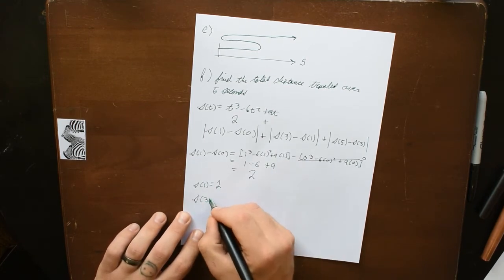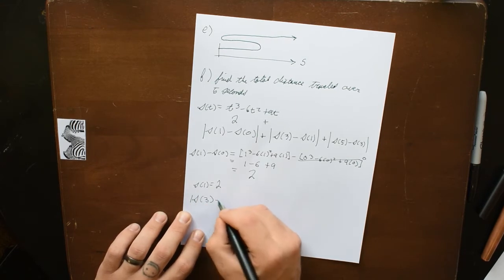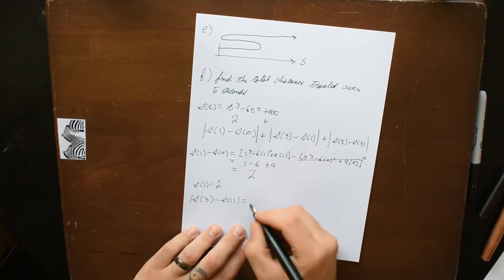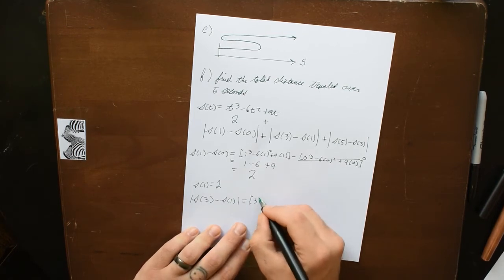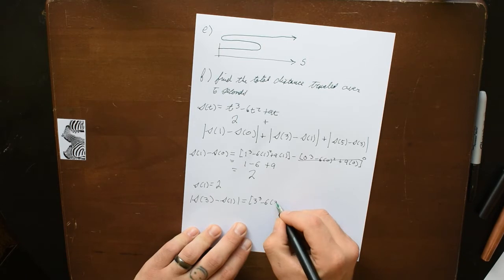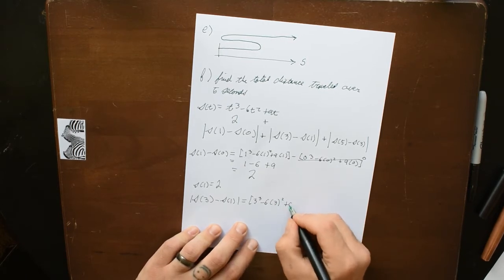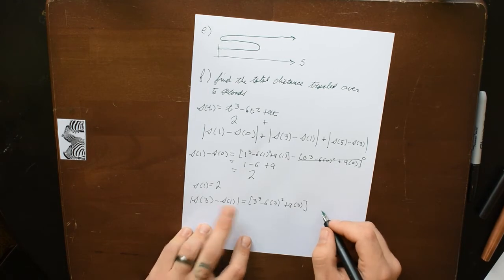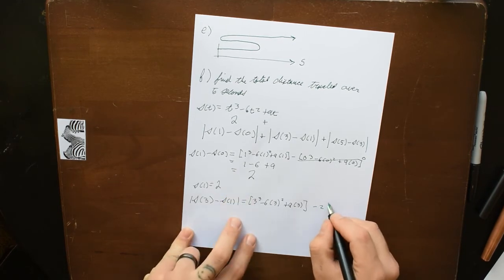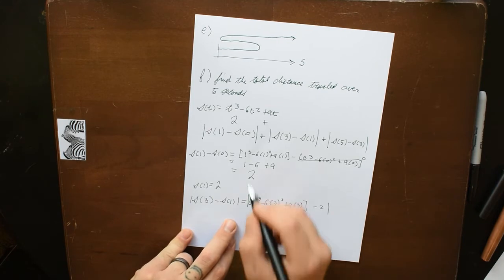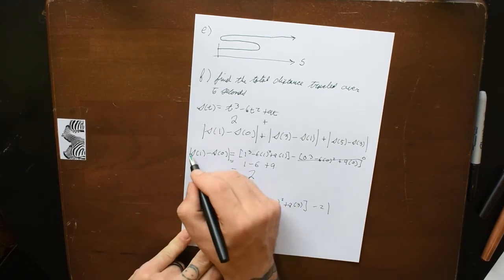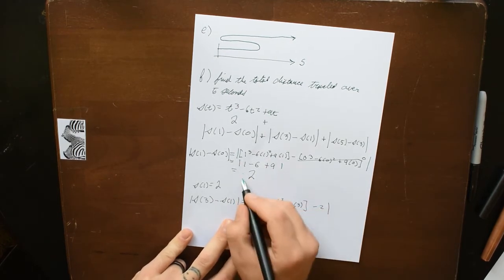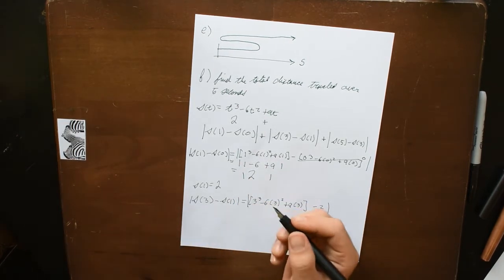Absolute value of s of 3 minus s of 1 is equal to 3 cubed minus 6 times 3 squared plus 9 times 3 minus 2, all in absolute values. And I didn't have my absolute values here, and I should have. Equal to the absolute value of 2, which is equal to positive 2.